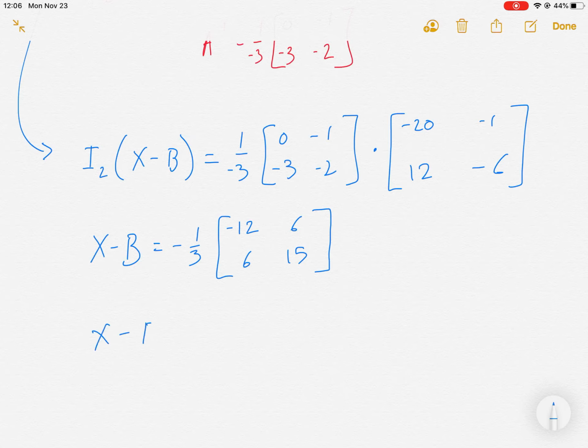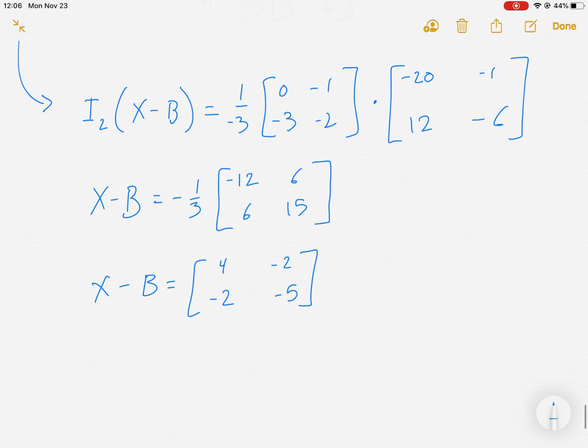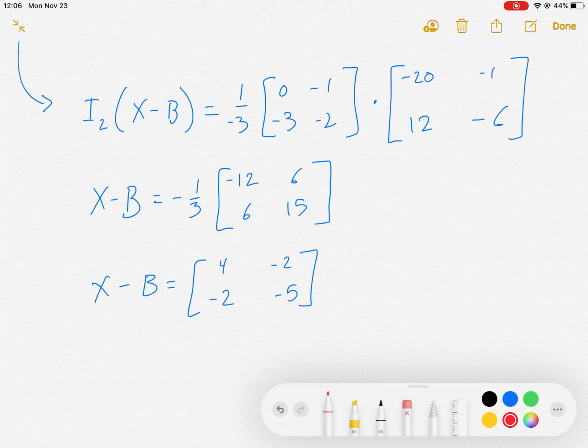Distributing that negative 1/3 in there, I actually get the matrix 4, negative 2, negative 2, and then negative 5. Just let me double check this real quick. Yes, looks good.